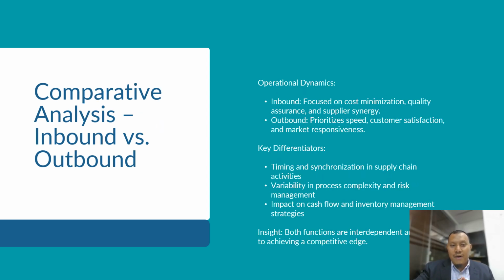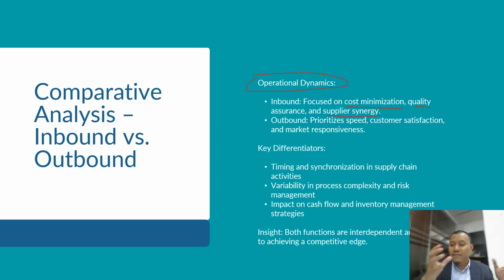Now we talk about comparative analysis between inbound versus outbound logistics. If you look at the operational dynamic here, inbound logistics are focused on cost minimization, quality assurance, as well as supplier synergy.